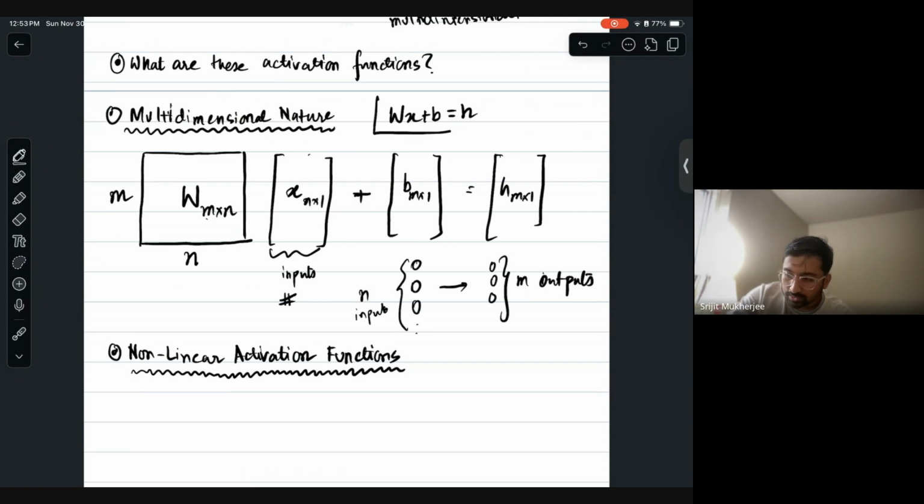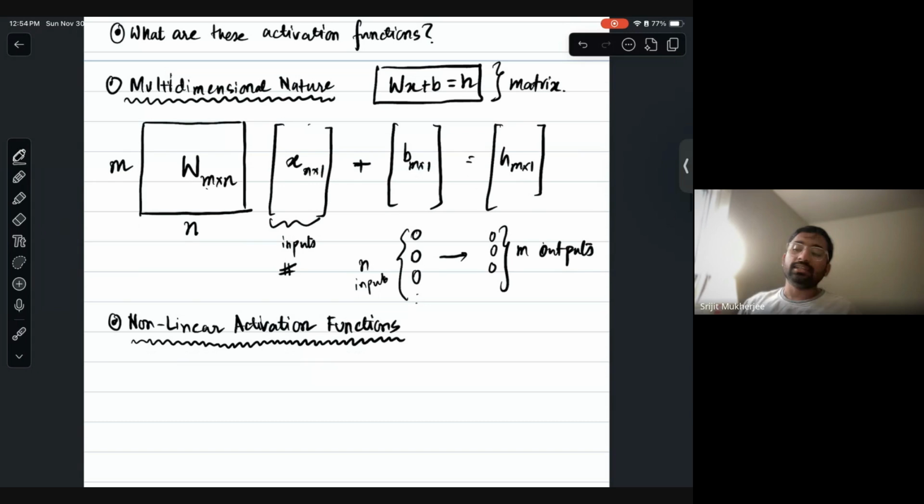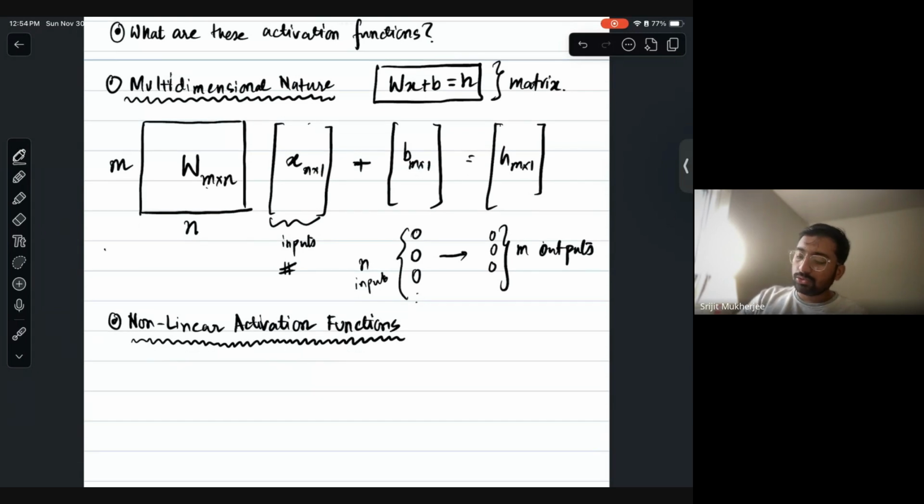That's why this equation is very important. It's a matrix. So this W is very important. It is so pretty and so simple to write, and it encodes so much information. The dimensions M and N of W tell us the input and output number of neurons.